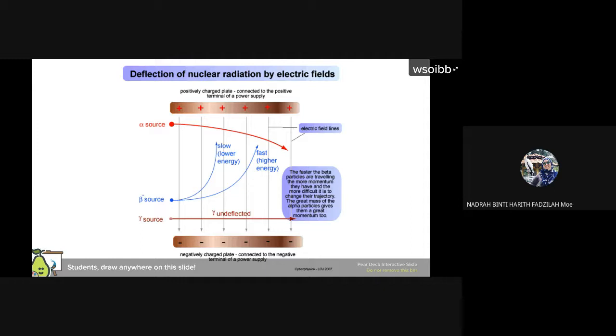So due to the presence of these electric field lines, the movement of each ray will be affected.